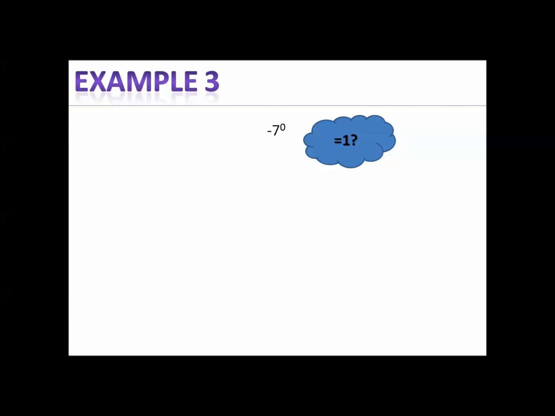Now, if we look at negative 7 to the 0, does this equal 1? Many of you are probably thinking right now, yeah, but actually, this is not true. Do you remember in section 2.1 how we talked about if you do not have brackets, the exponent only applies to the number and not the negative sign?